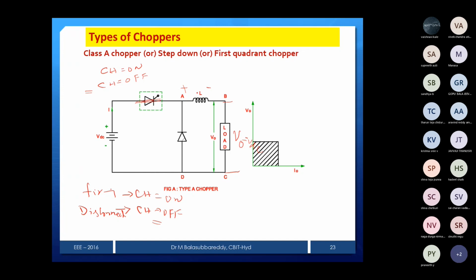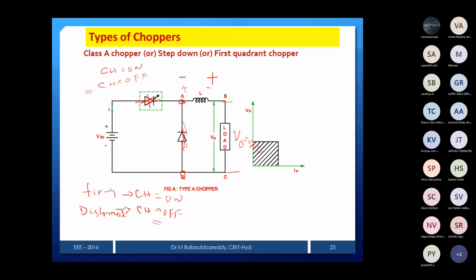Now if the chopper is off, that means this is open. Then what will happen? This is minus, this is plus. The inductor is going to dissipate energy, and when the switch is open, minus is directly connected to the cathode of the diode and plus is connected to the anode of the diode. Therefore, you can see the diode is going to be on.